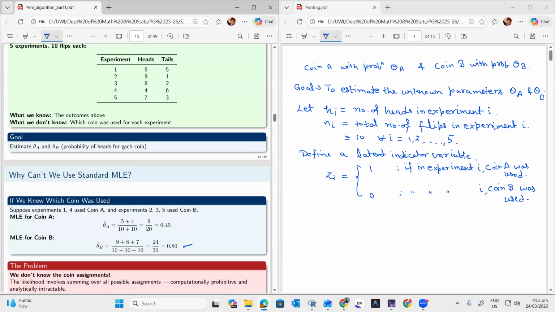So if the assignments were known, then each coin would simply have the binomial data associated with it.